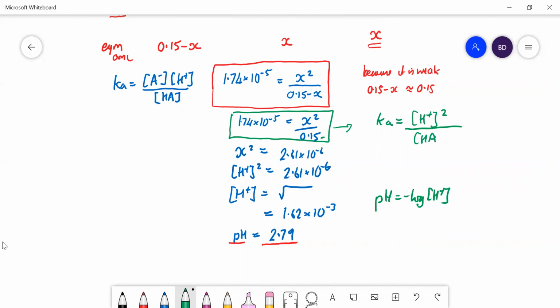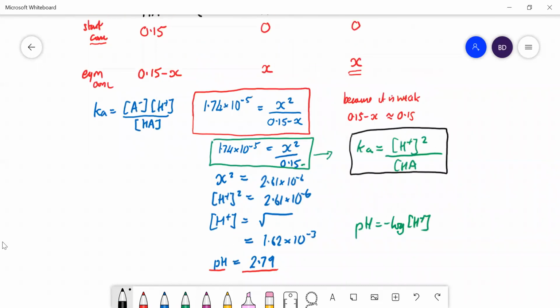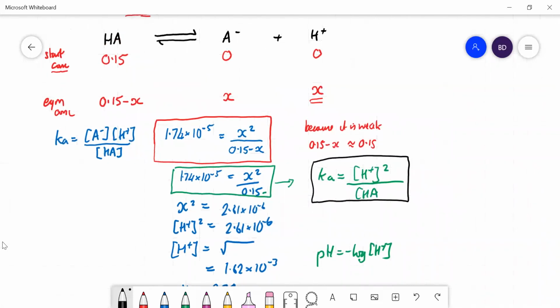So you've got this little expression here, Ka is equal to H plus squared over HA. You can work that out, but be really careful of using that expression because it is not always true. This expression is only true when the concentration of A minus is equal to H plus. So if you've got a weak acid and you add anything, it's okay when you've just got the weak acid added to water, but if you've added anything else to it, like sodium hydroxide or acid or some conjugate base, then this is not true.